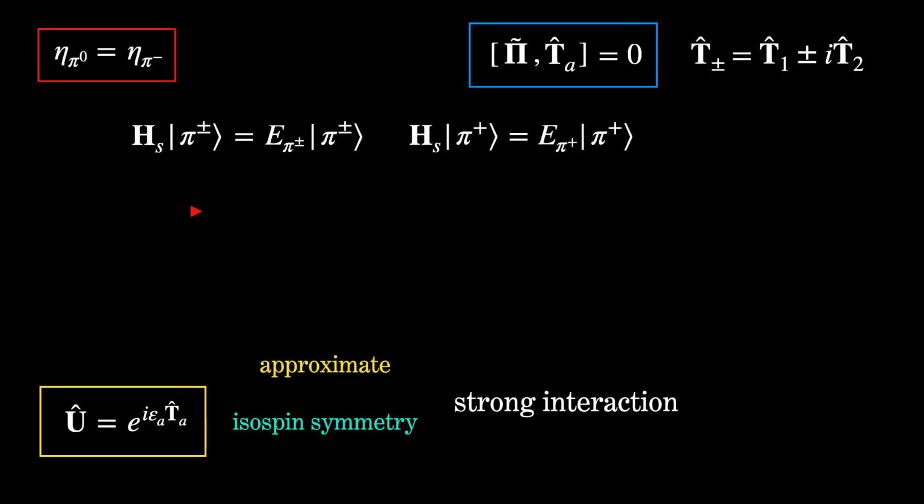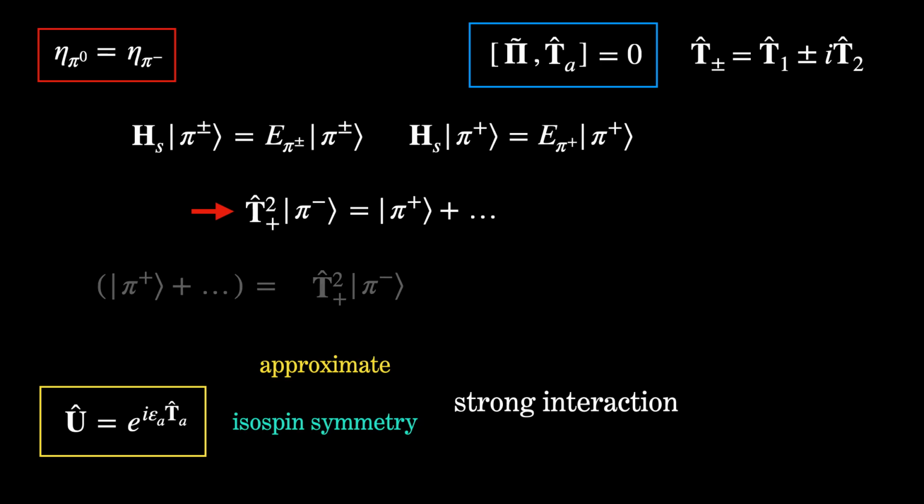In a similar way, the state that is two steps above π⁻ is π⁺, modified by some small corrections. Here we have neglected the normalization factor for π⁺, since it is not relevant to our discussion.